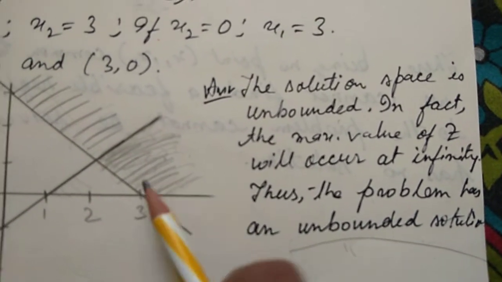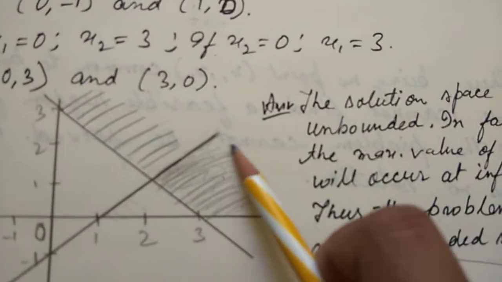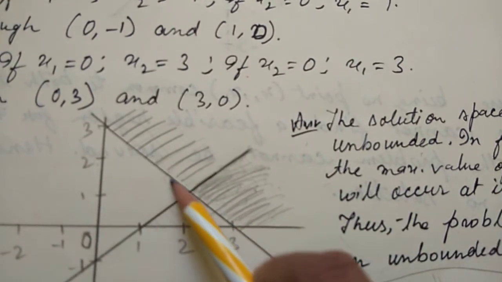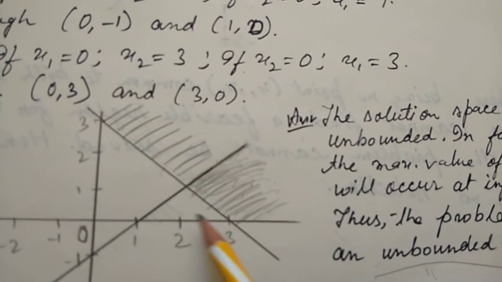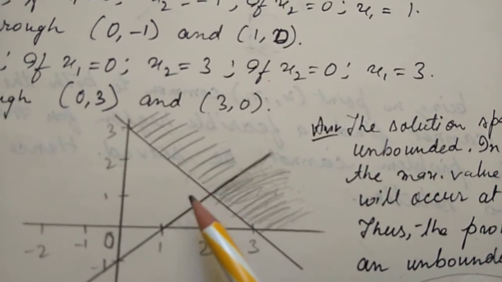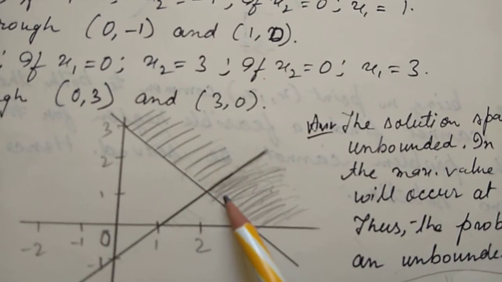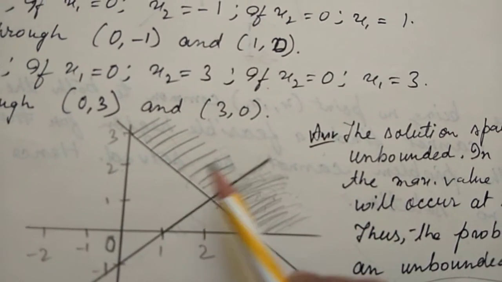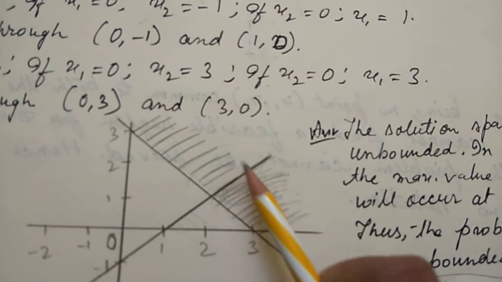In this type of sum where you cannot find out the maximum point where it is stopping, had this constraint been containing lesser than equals to sign, then we would have bounded the region. But all the two constraints have greater than equals to sign.